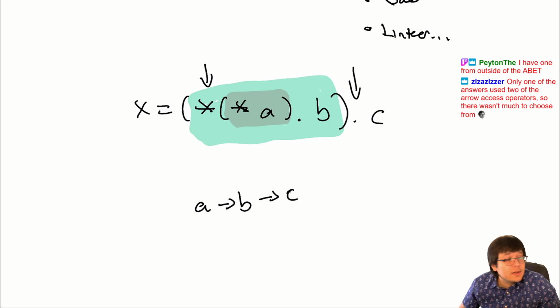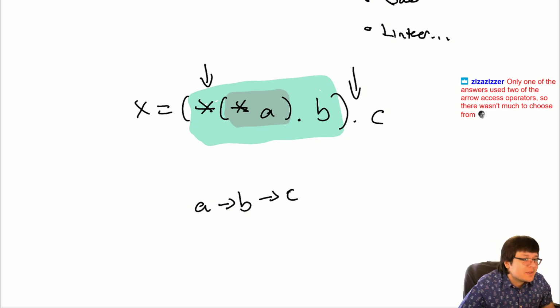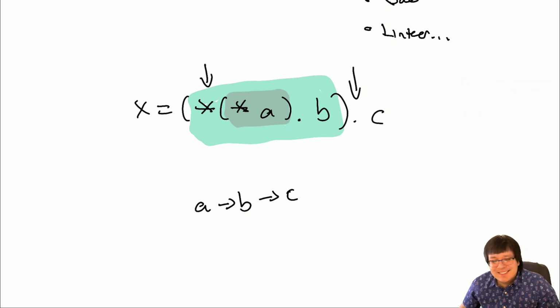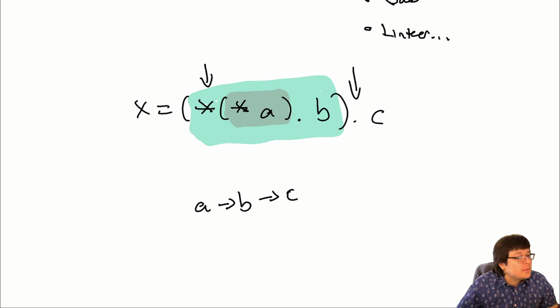Okay, feel free to ask outside of the ABET, that's fine. Only one of the answers used two of the arrow operators, so there wasn't much to choose from. Yeah, I should have made more arrows everywhere. Feel free to ask anything, even not in the ABET. We still have approximately 15 minutes.